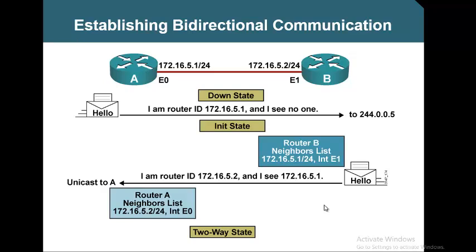One will be called BDR, another will be called DR. So adjacency cannot be the same in point-to-point and multi-access because there is no DR-BDR in point-to-point. So let's see how this happens in a point-to-point network first, and then we'll talk about multi-access.